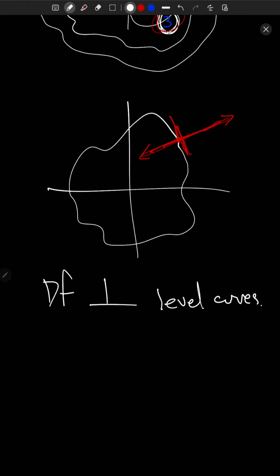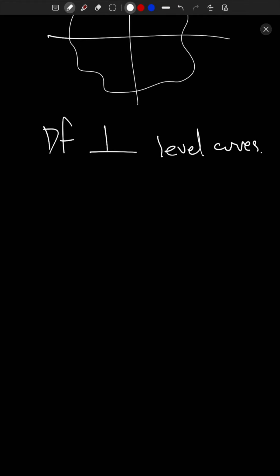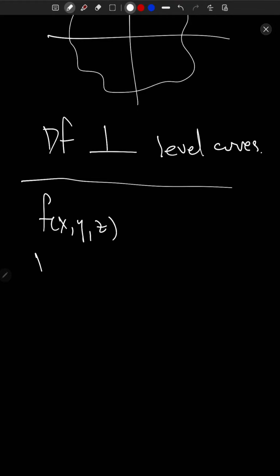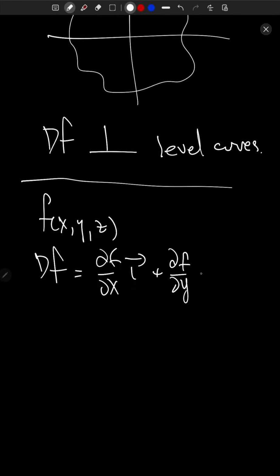All right. Up to now, we've kind of restricted ourselves to 2 variables. Everything up to now works in 3 variables, right? Or 4 variables or 5. In 3 variables, the gradient of f would be df/dx i + df/dy j + df/dz k.